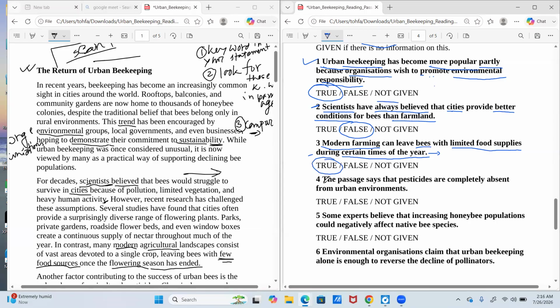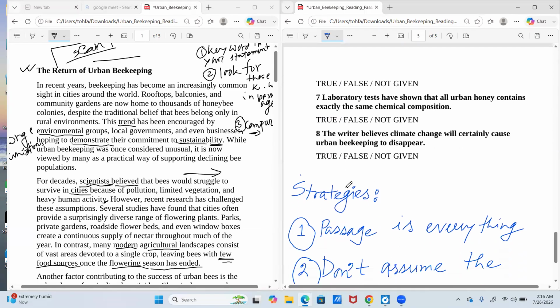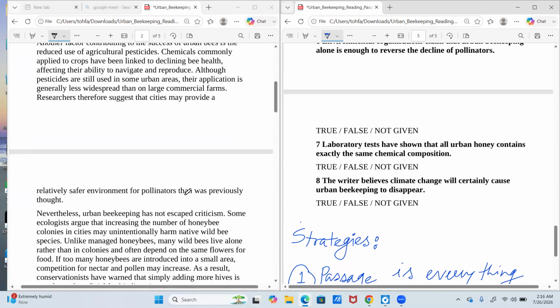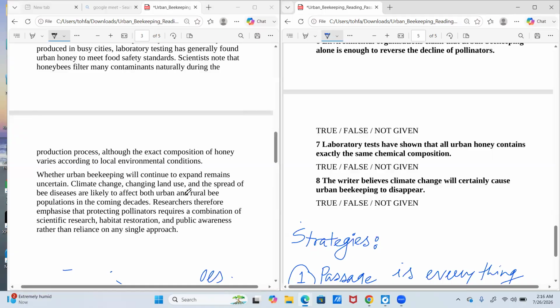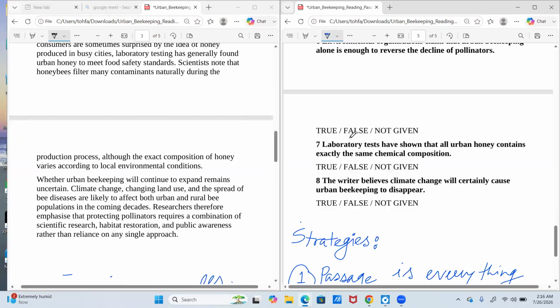So we have seen true and false, so let's look for one which is not given. I am going to solve number 8 to demonstrate how the not given type of answers are mentioned in the passage. So we can see here it says the writer believes climate change will certainly cause urban beekeeping to disappear.